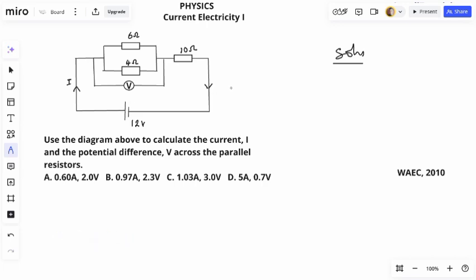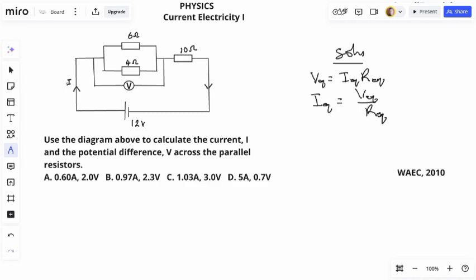So for us to know the total current drawn, from Ohm's law, equivalent voltage or total voltage in the circuit equals total current times equivalent resistance. So the total current will be V equivalent divided by R equivalent.